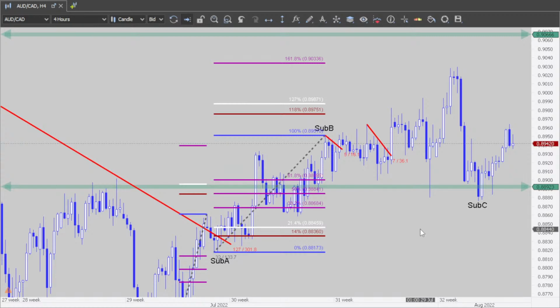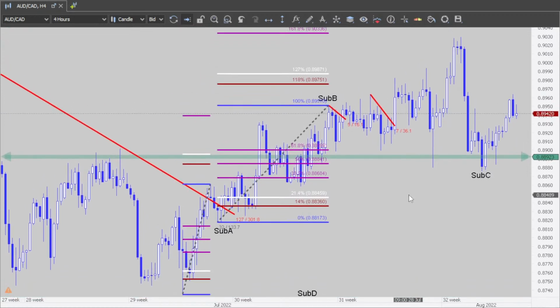Okay, everybody, so you can trade retracements if you want. Just remember that retracements are risky. Yes, you can cut the risk in half. Okay, so far the market's making higher highs, higher lows.